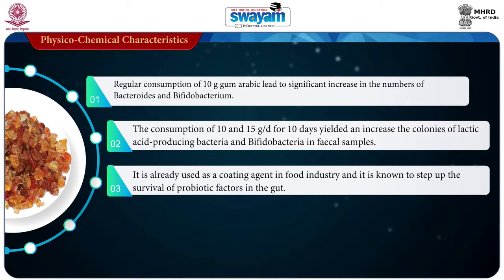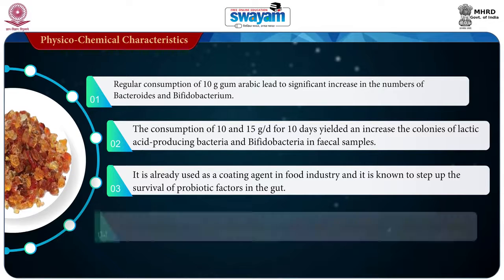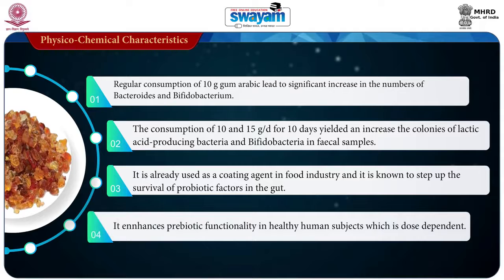Moreover, gum arabic is already used as a coating agent in the food industry, and it is known to step up the survival of probiotic factors in the gut. Thus, gum arabic enhances prebiotic functionality in healthy human subjects, which is dose dependent.